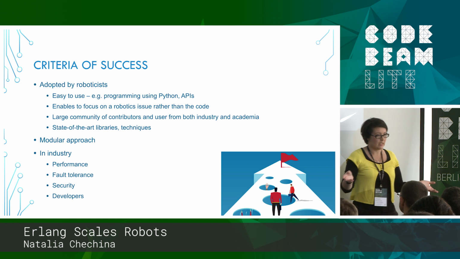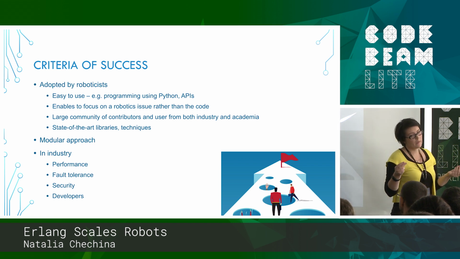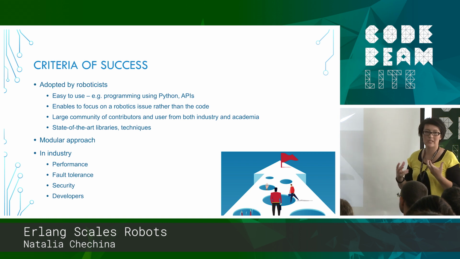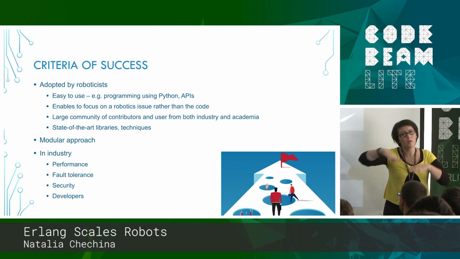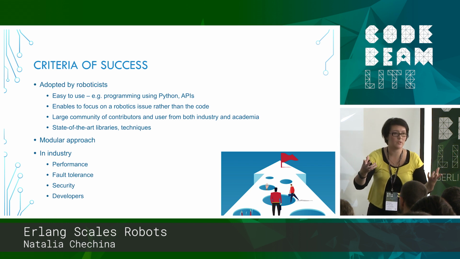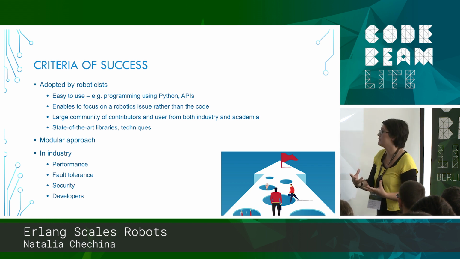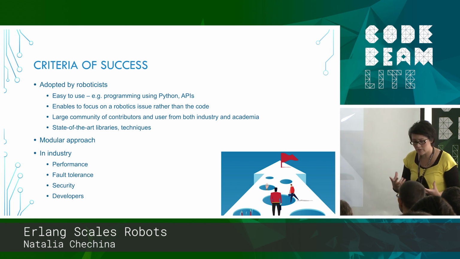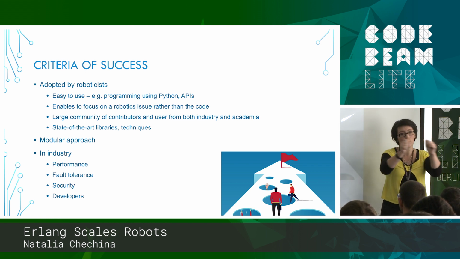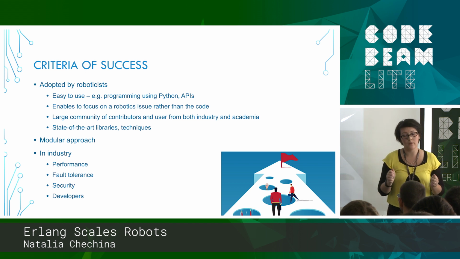And when we looked at it, there are a couple of reasons that prevented other projects from being really successful in that area. And it's not only about Erlang, it's about all the other projects in different languages. It's all about middleware in robotics. The first thing is that it must be adopted by the community. That's the foremost thing for it to go forward.